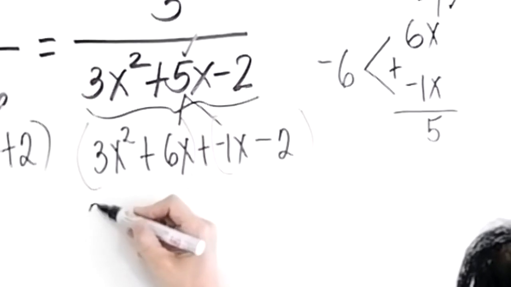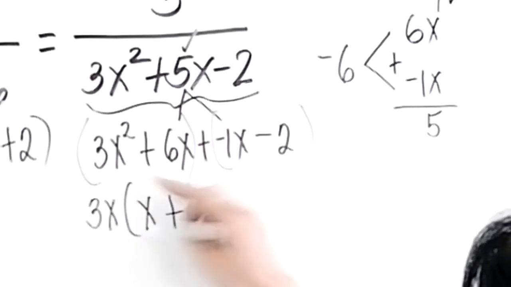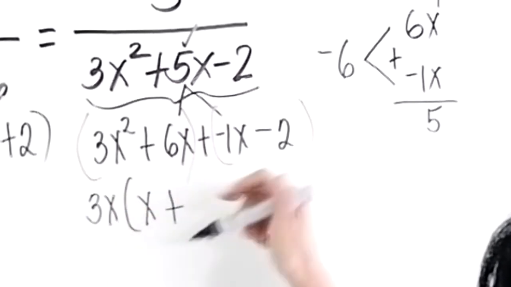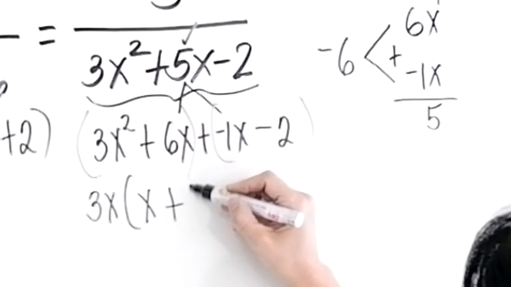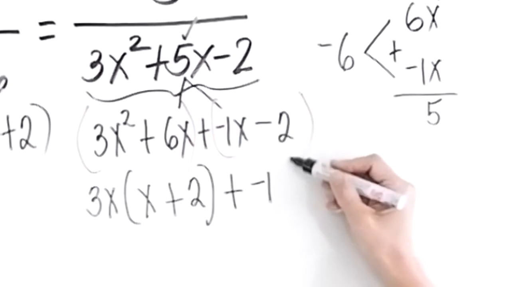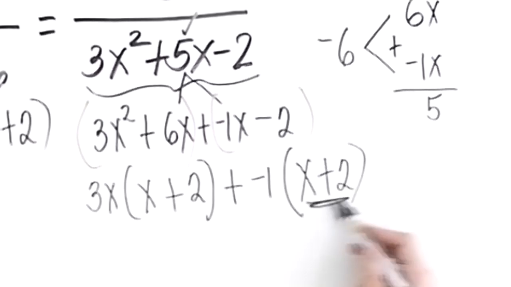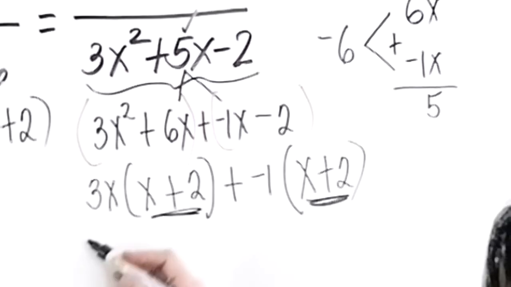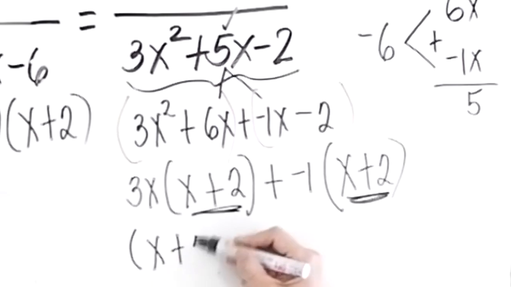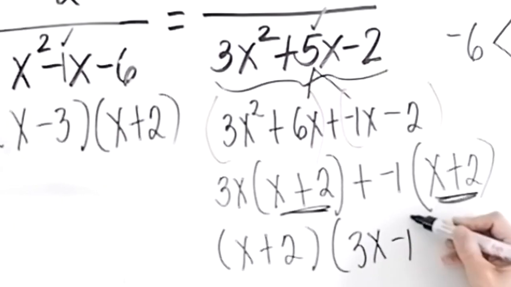Factor out what is common. 3x times the quantity x plus, 3x squared divided by 3x is x. 6x divided by 3x is 2, plus common factor out negative 1 times the quantity x plus 2. There is a common factor. So your factors are now x plus 2 and 3x minus 1.